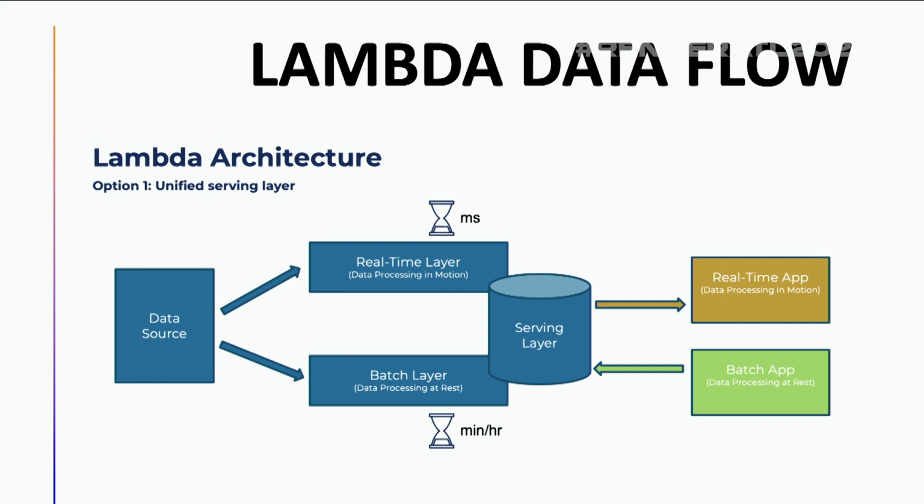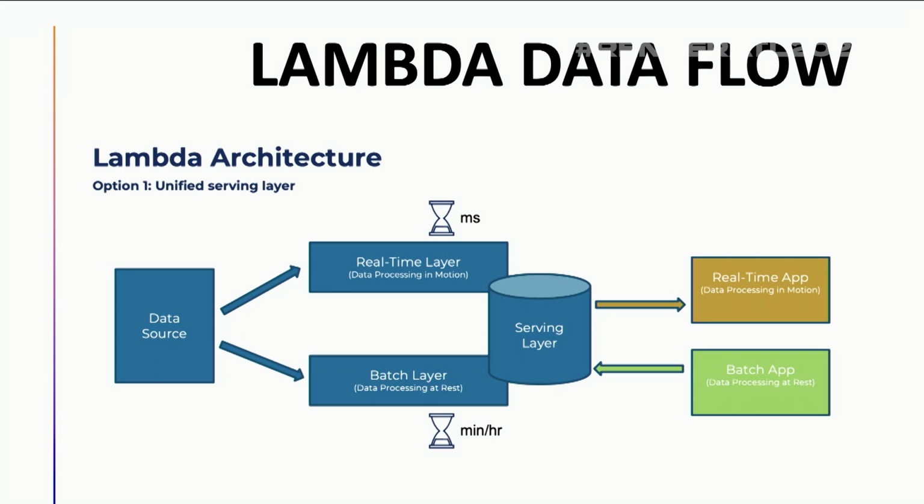So the difference between Kappa and Lambda is that Kappa just dumps the data and relies on the batch processing to come after the fact. In Lambda, we're going to do some of the preparation of the data in stream so that it will be ready. What they also call it is a hot path versus a cold path.